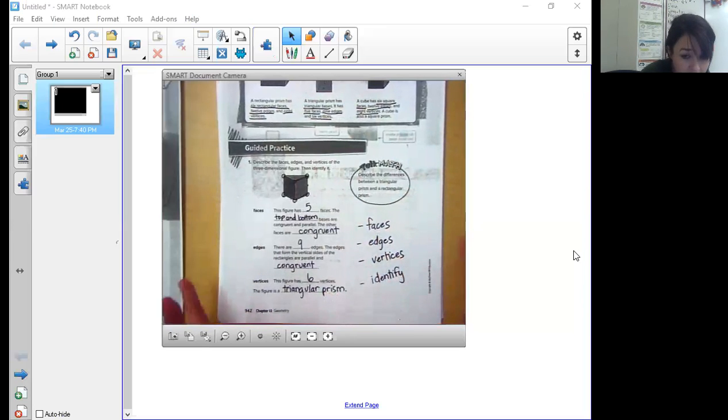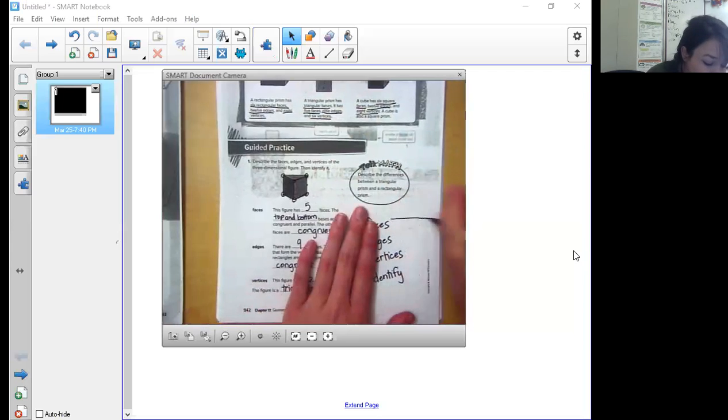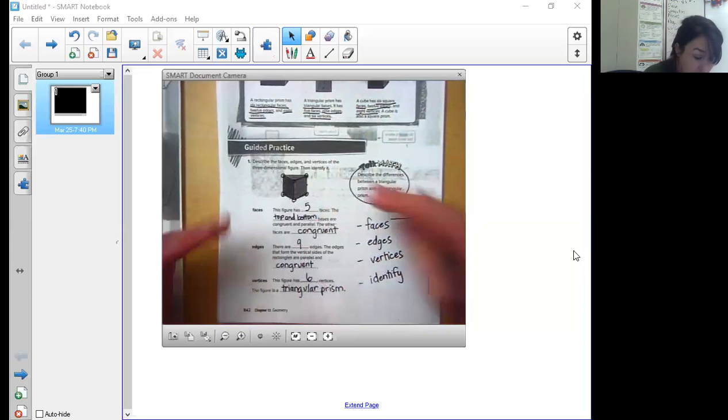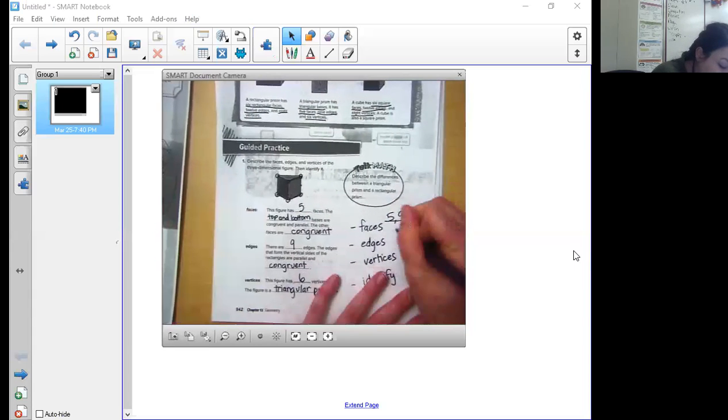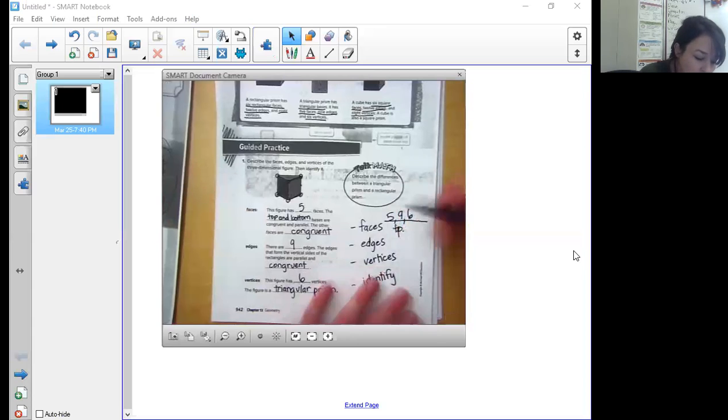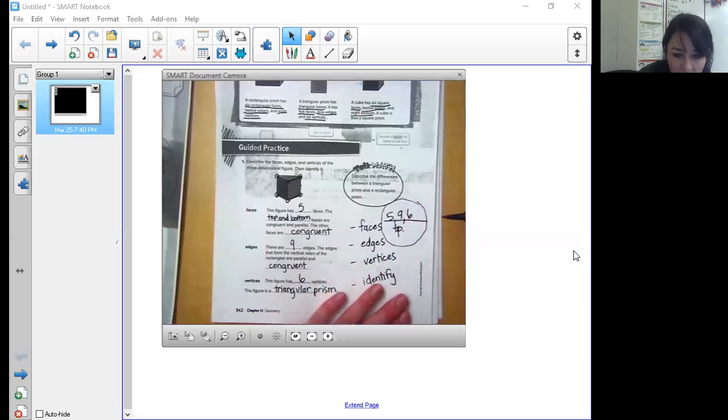Something I don't want to see on the line that's provided for you is just 5, 9, 6, and then triangular, like a TP. Of course I could probably go through and see that you knew, but how do I know that you knew there were 5 faces on this shape?